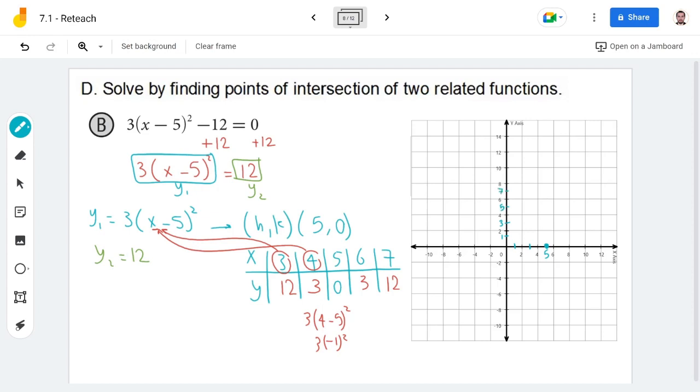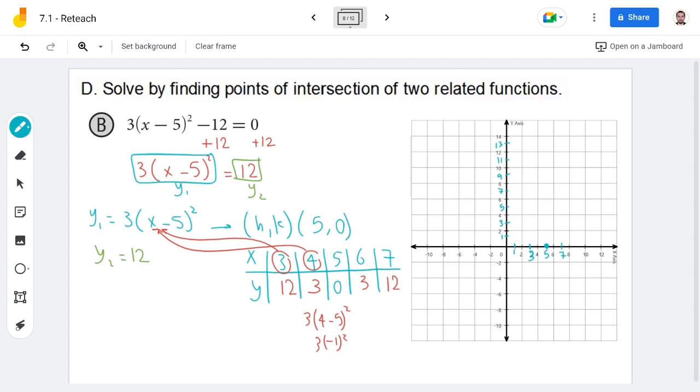So 5 and 0 should be here, because this one is 5. Then we have 4 and 3. On the y-axis this is 1, 3, 5, 7, 9, 11. Okay, now let's put the points.